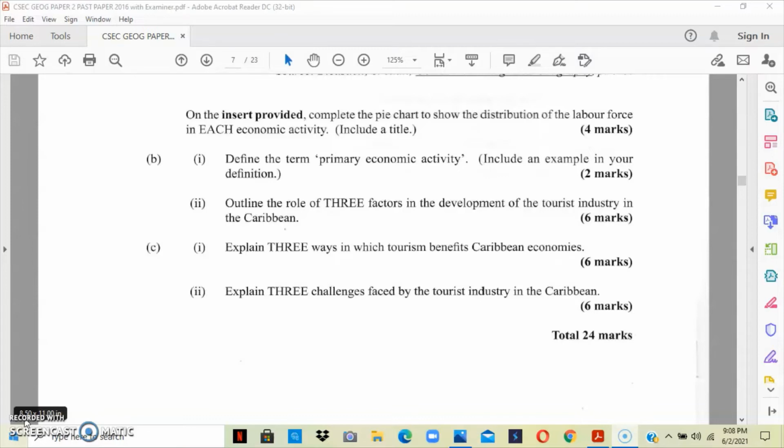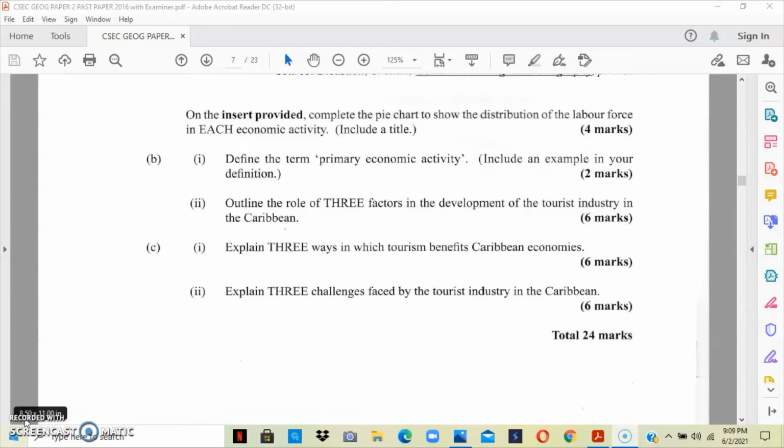Even though the Caribbean is deemed the ideal location for a vacation, we do have other locations in the world that have that same reputation. So the competition is real, right? We have a lot of competition from other global destinations, some cheaper, some more accessible, right?